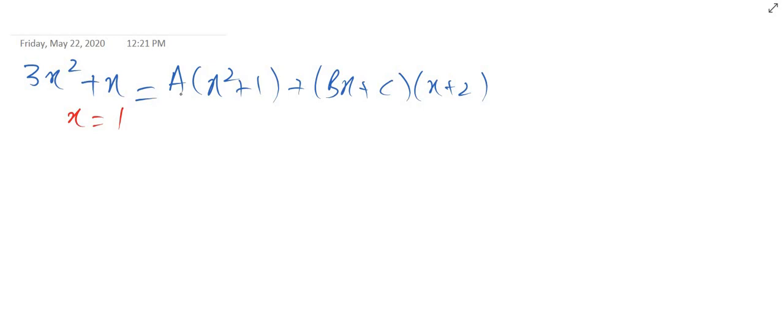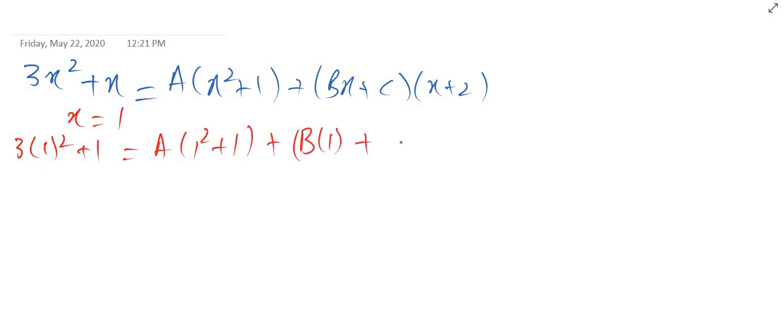Here we also have the values of A and c. Substitute all the values and then we can easily find the value of b. So x is 1, 3 times 1 squared plus 1, A times (1 squared plus 1), plug in this value of x here. b, we have to find b, (b times 1 plus c) times (1 plus 2). Now we also have to substitute the values of A and c.